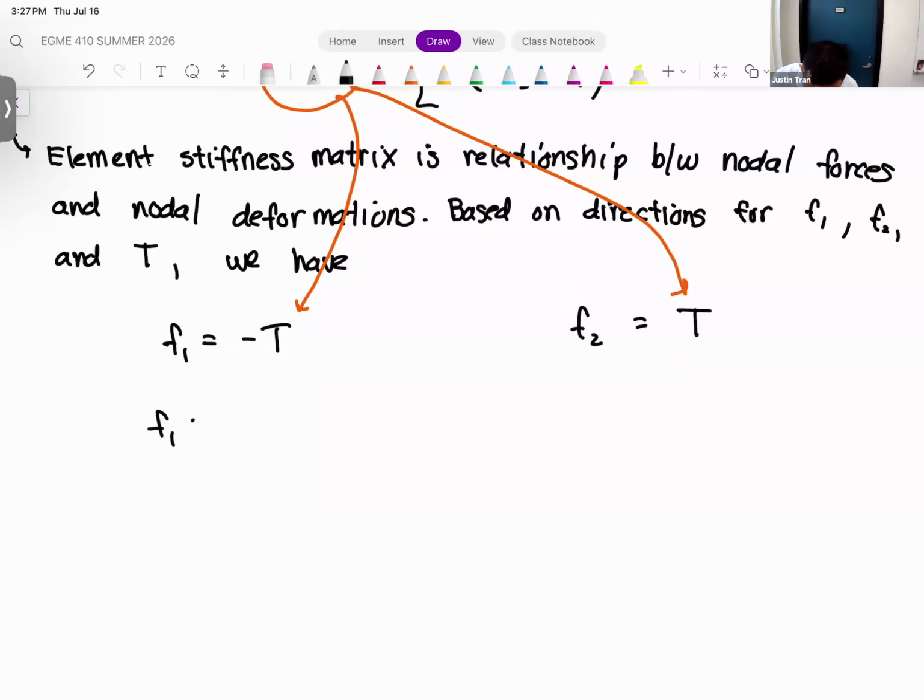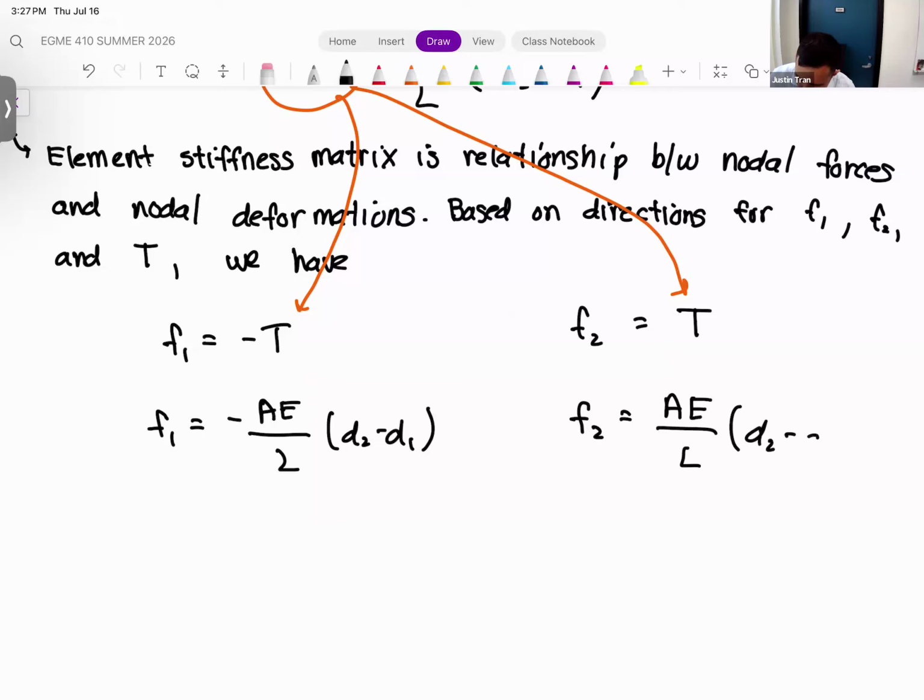What we get is F1 is equal to minus AE divided by L times D2 minus D1, and F2 is equal to positive AE over L times D2 minus D1.